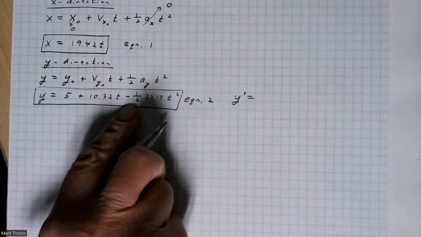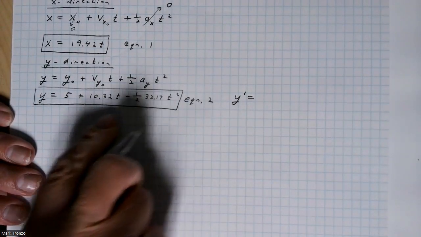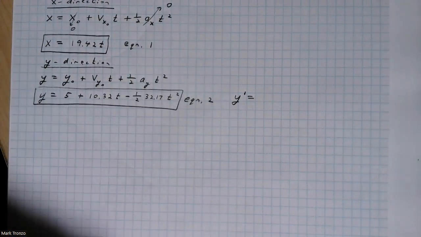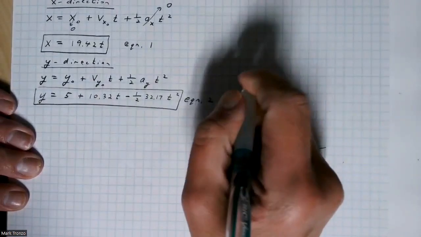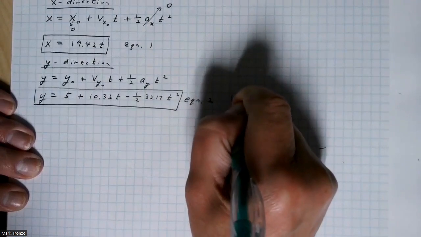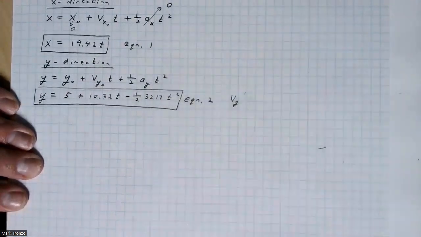Remember, velocity is always going to be equal to the derivative of the position function. Let me actually write it. Velocity y, the general velocity for y.